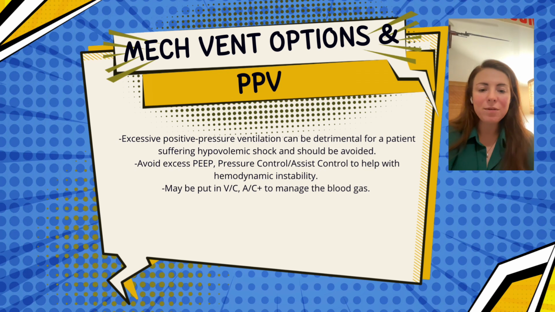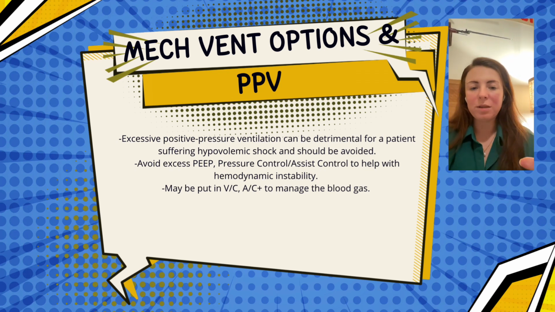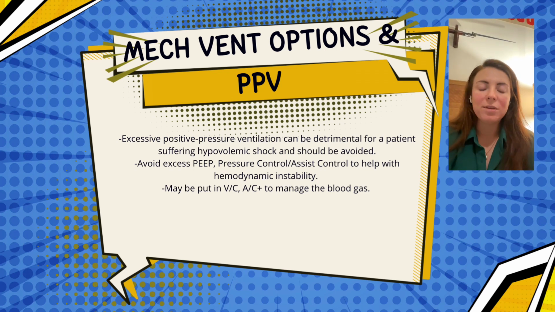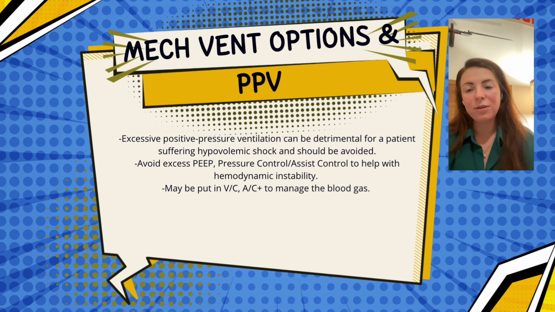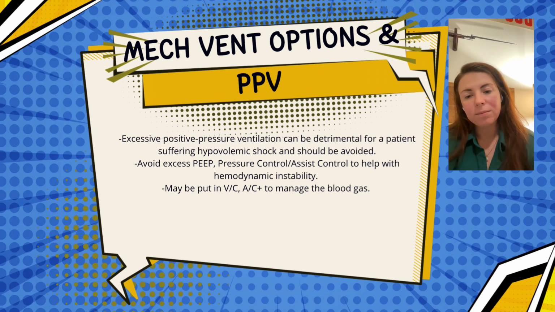Or I've seen before at St. Thomas West where they'll put the patient on ACVC plus because it'll help balance the blood gas. So I thought that may also be helpful to help manage that patient's blood gas or get it back into a more positive ABG value.